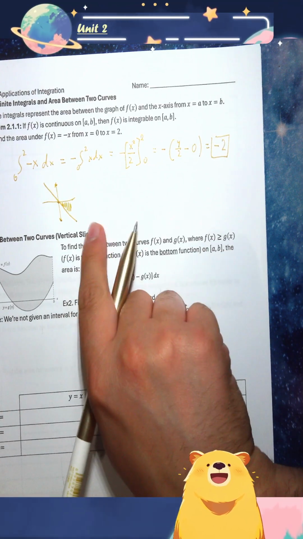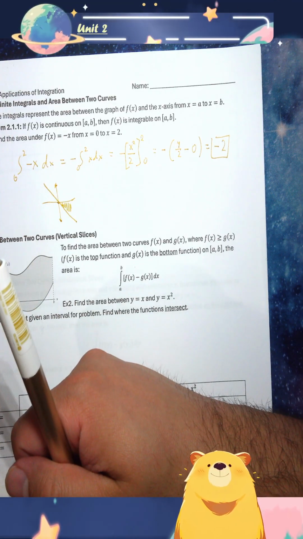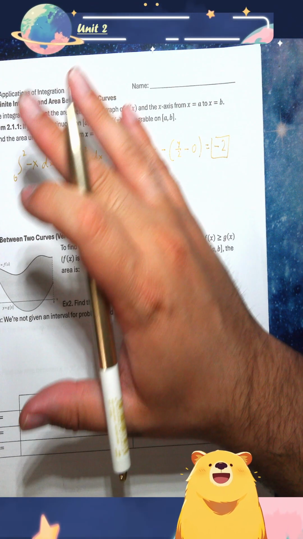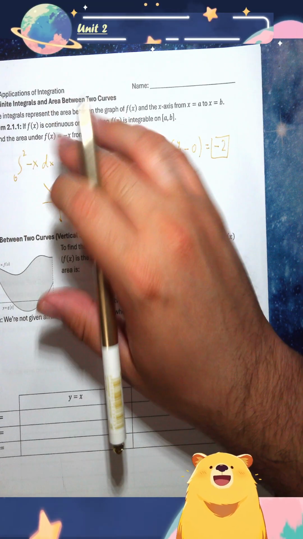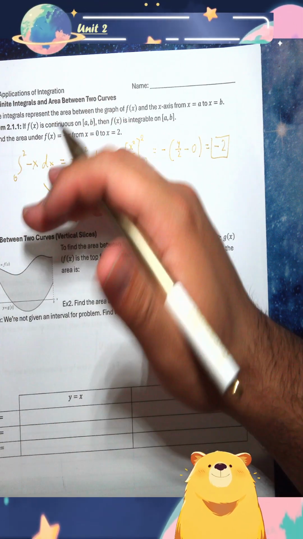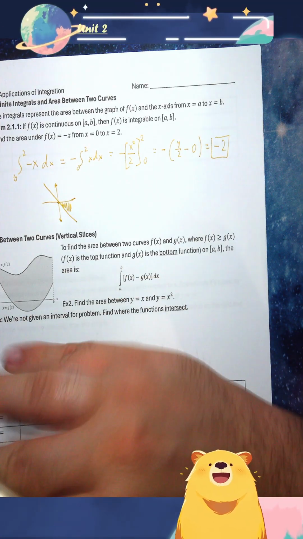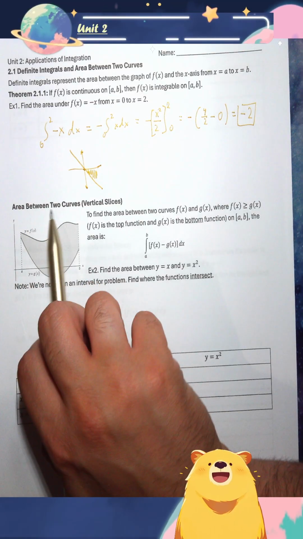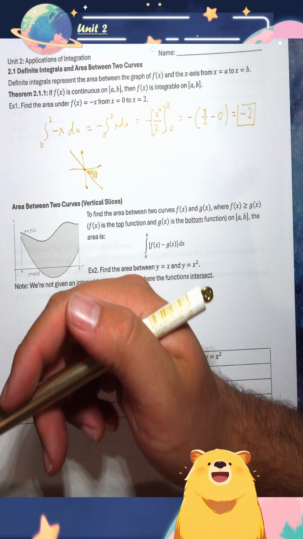That's why we see negative 2 as the area. Now, this idea is a bit cumbersome, and it's also not capturing the full picture of finding an area. So that's where the idea of an area between two curves is going to be introduced.